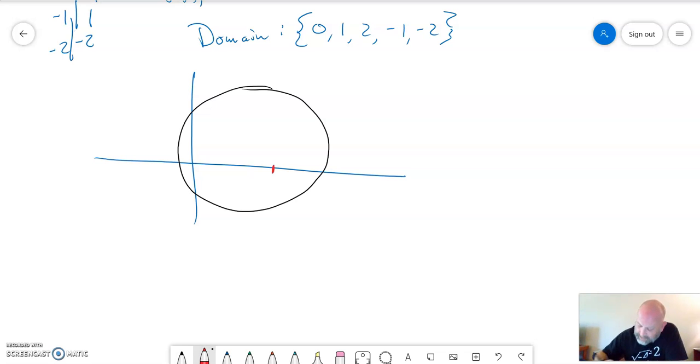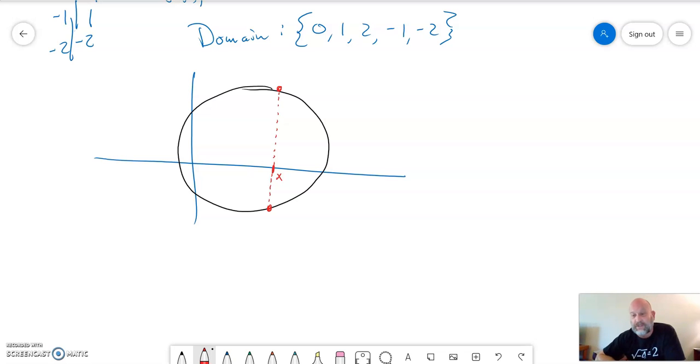Because if I pick an x value, and I want to know what the y values are, I have two of them, which is the problem. I have a y value here that goes along with that x value, and I also have a y value here that goes along with that x value. And so I have two output values for the same input value.